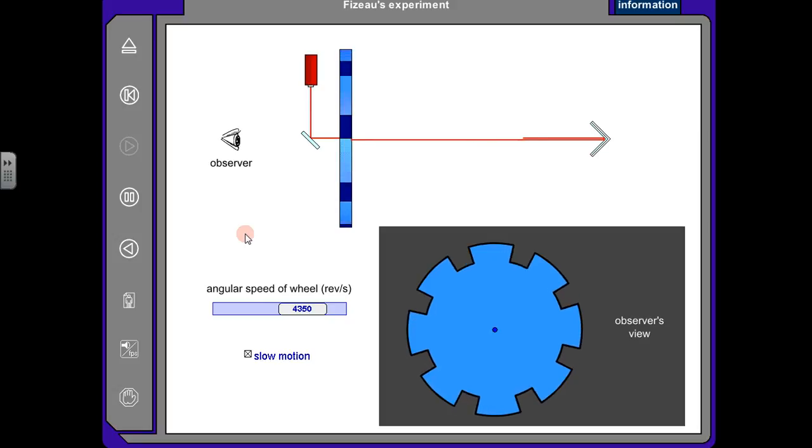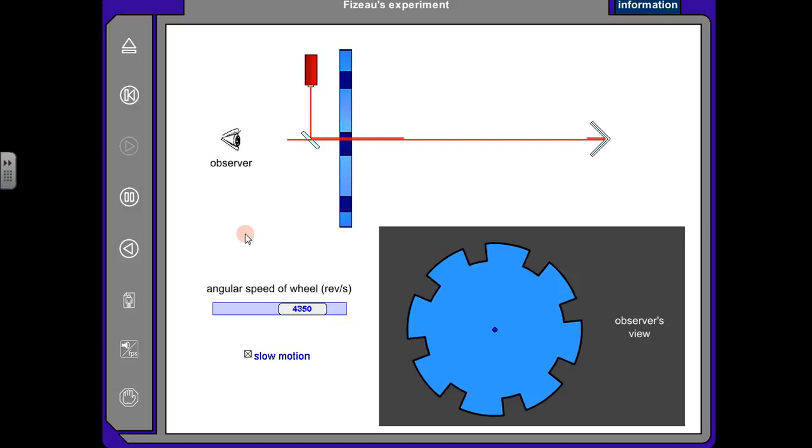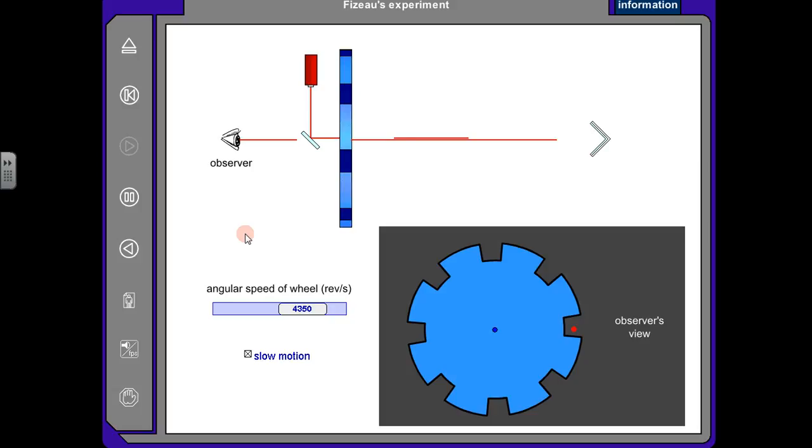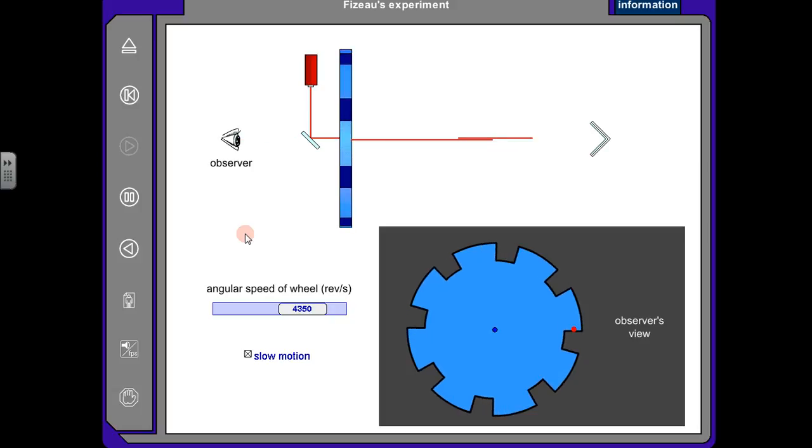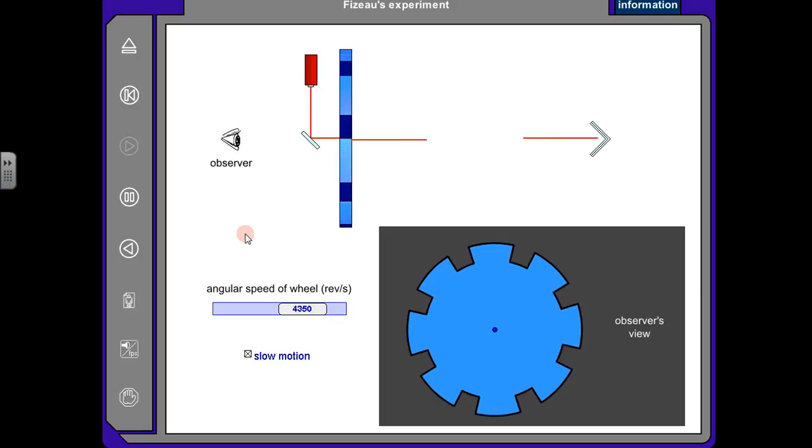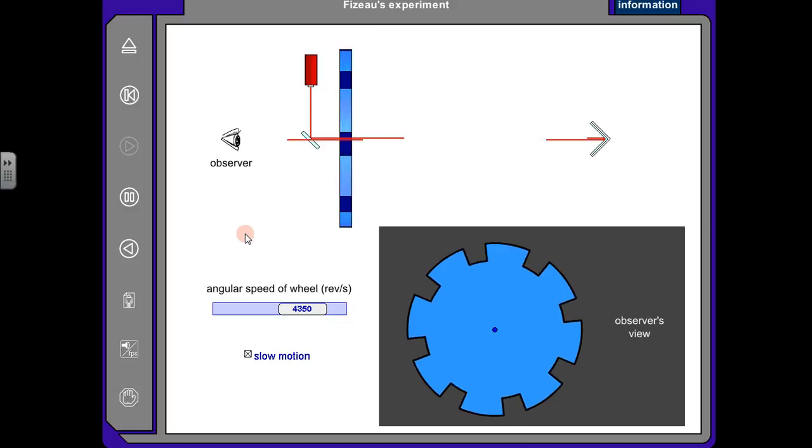Waiting for a ray. Now we get a ray, that's good. Ray's coming back. We better pause this so we can measure the ray.